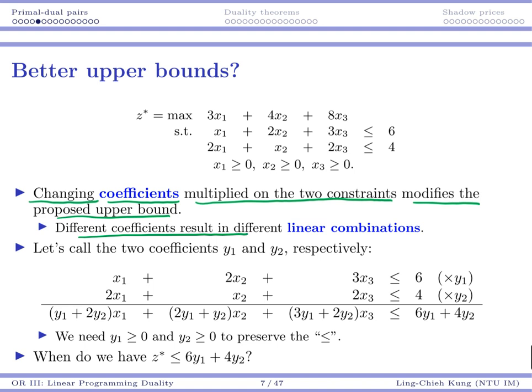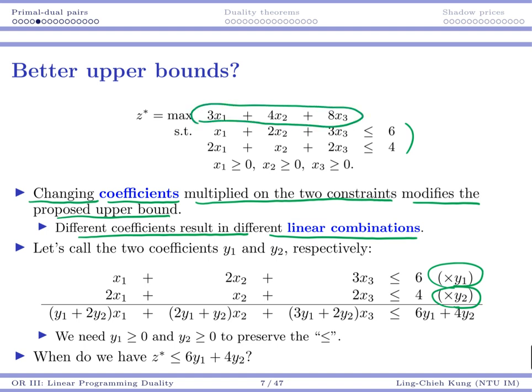Pretty much we are trying to do different linear combinations. Okay? So we want to look for y1 and y2 as the coefficients so that once we use y1 and y2 to combine these two constraints, somehow we will be able to find an upper bound for this one.